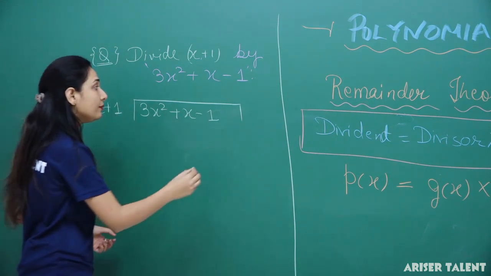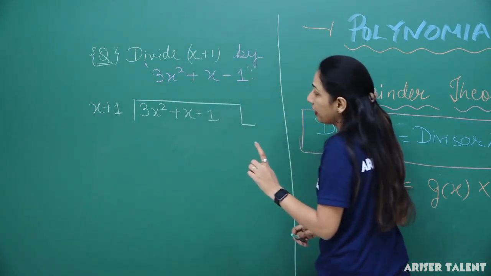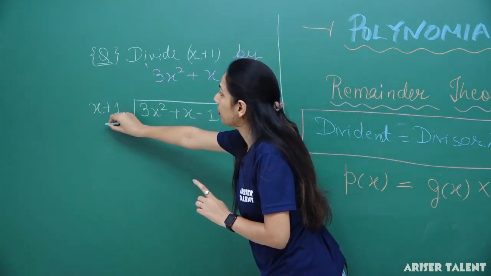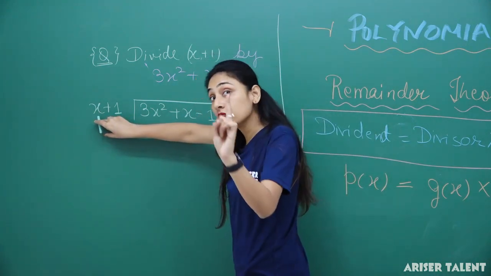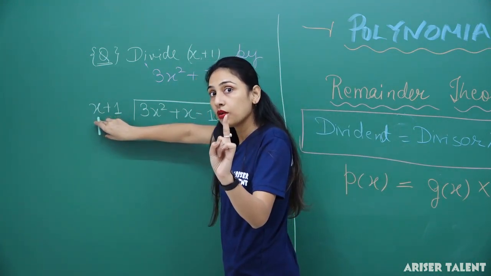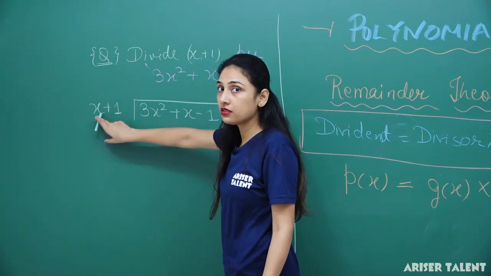Now what you have to do, be very specific about it. Here I am having this divisor, the highest degree of this divisor is 1, so it is x here, the highest degree term.